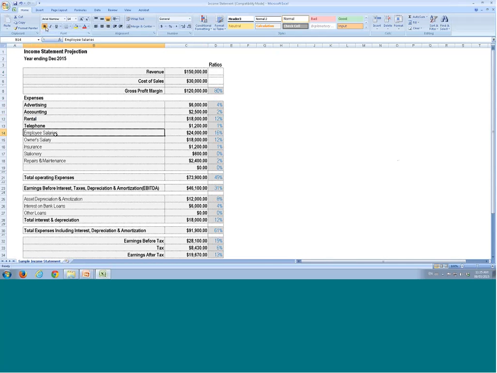Employee salaries, $24,000. Owner's salary, $18,000. Insurance, $1,200. Stationery, $600. And repairs and maintenance, $2,400. Now, obviously, if this was your business, you'd have more line items in there. I just put in just a few just to show you what the income statement is.